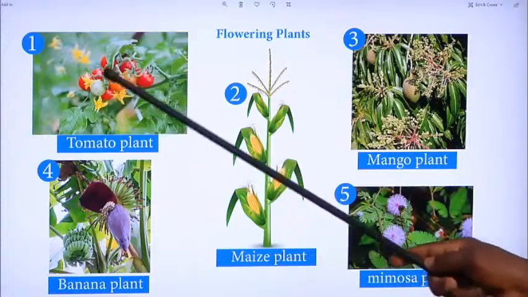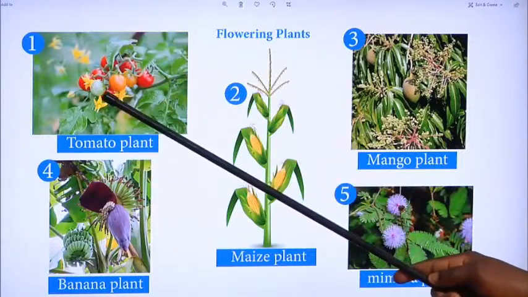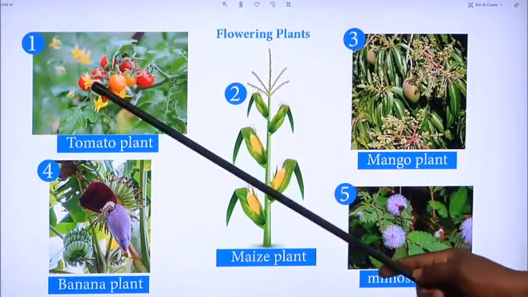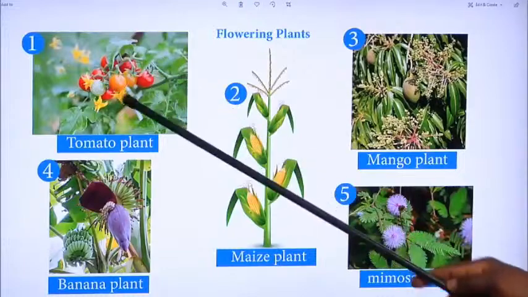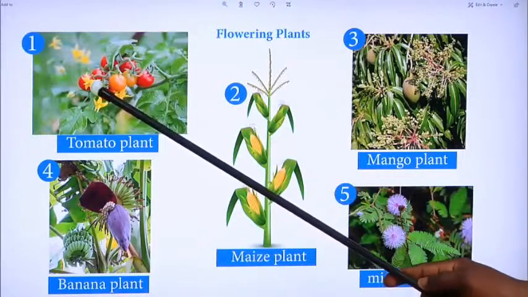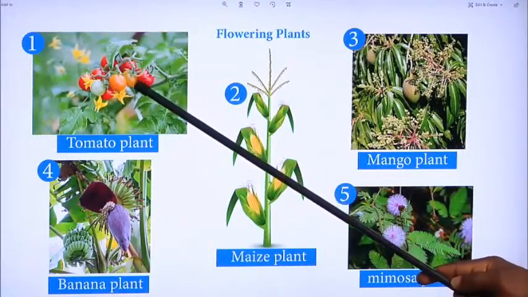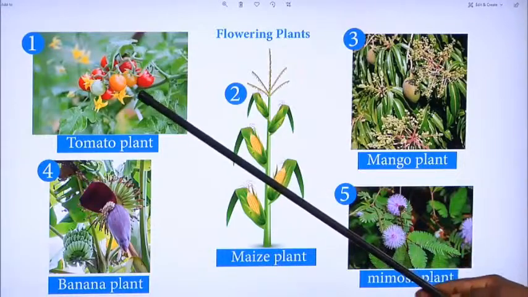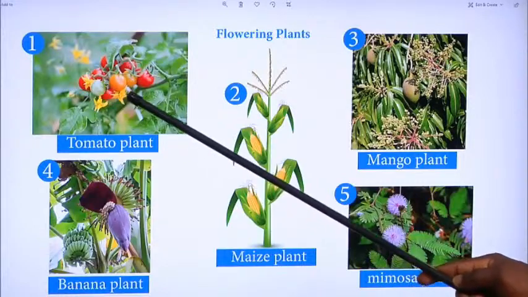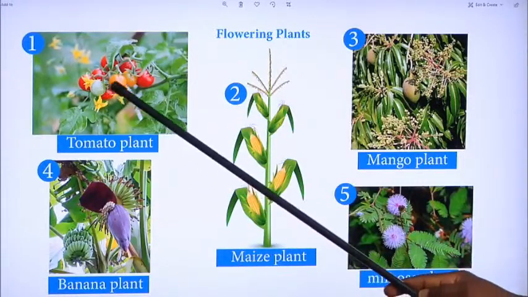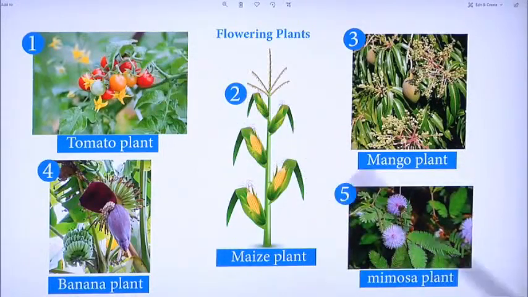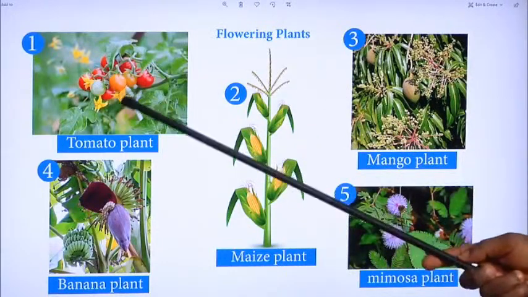Let's look at this one also. These are all fruits of tomato plants. The fruits, some are green, orange, and red. This green means it has not matured. The orange means it is maturing, but we can still eat it.